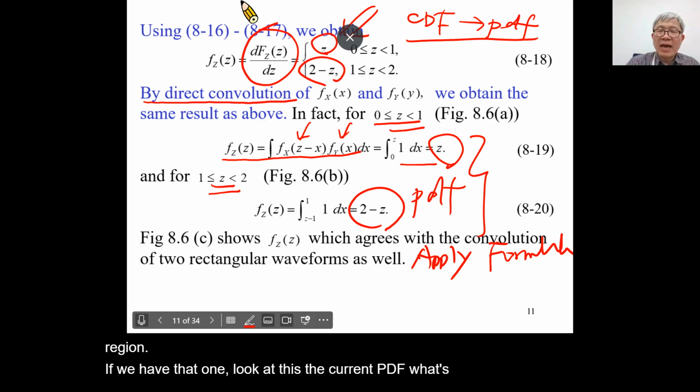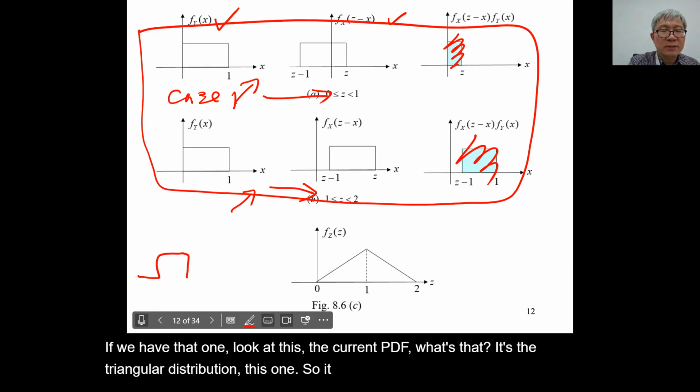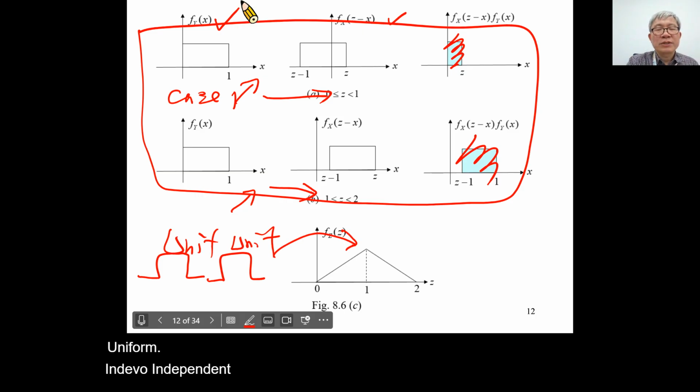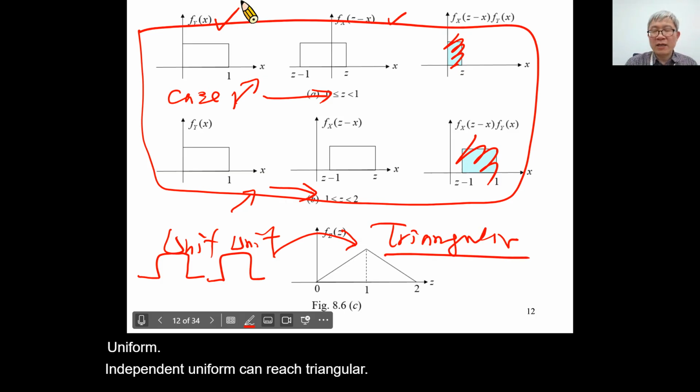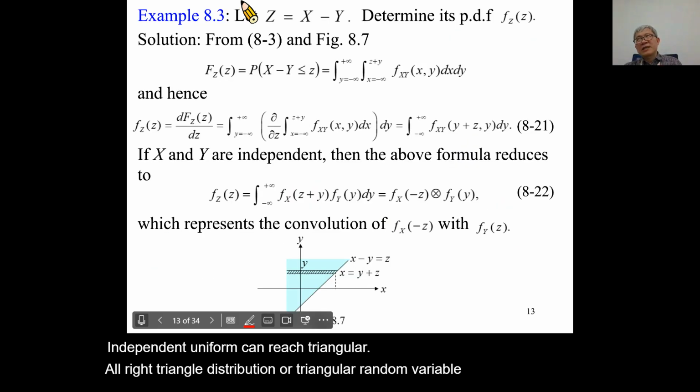It's the triangular distribution. So independent uniform can reach triangular. Alright, triangular distribution or triangular random variable. So this is the possible fact we can reach.